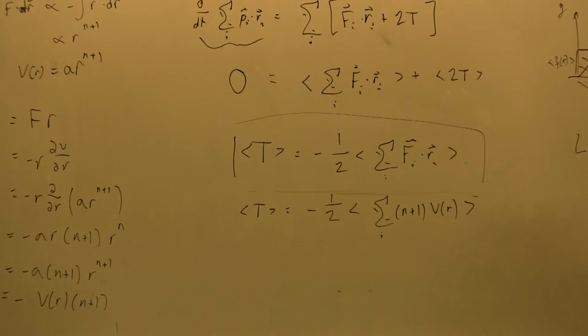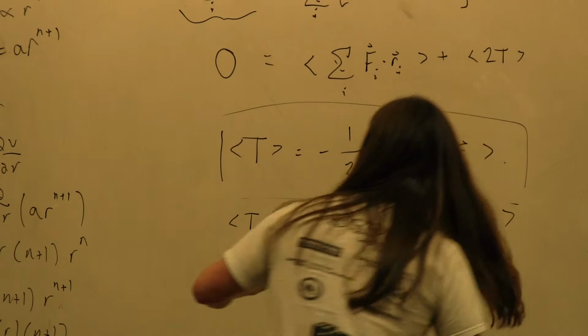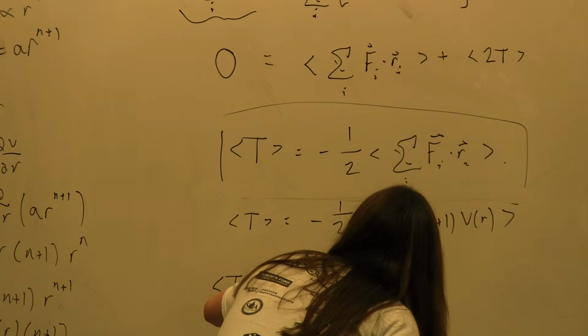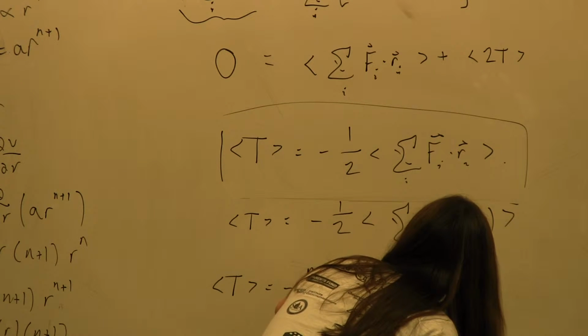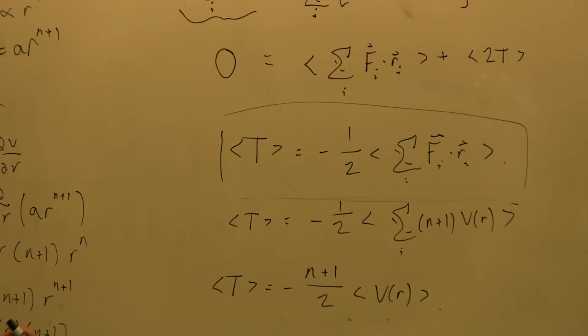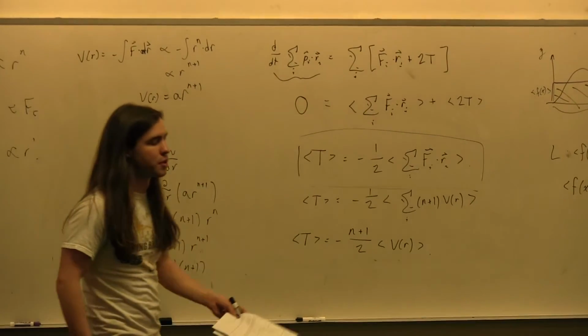So n plus 1 can be pulled out of the average, which means now we have the kinetic energy is equal to minus (n plus 1) over 2 times the average value of the potential energy. This is in a state that makes so much more sense, and this is the directly applicable way that you can look at this formula.